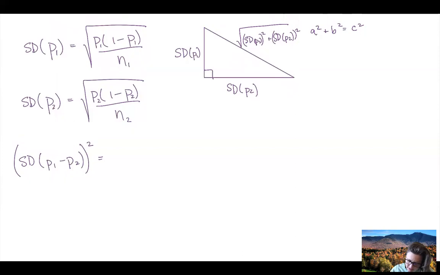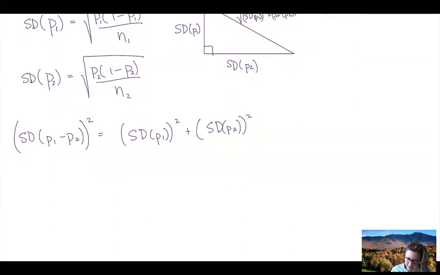I'm going to say that this would be equal to my a squared plus my b squared, and I can substitute in the values that I have, this square root value for P1 and P2 instead.